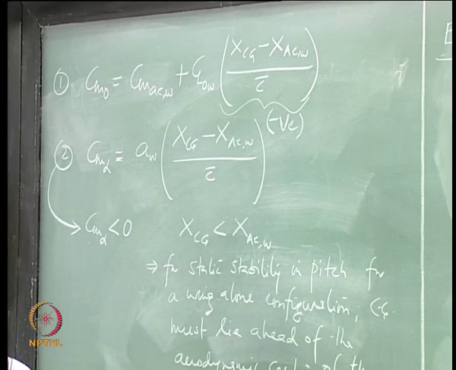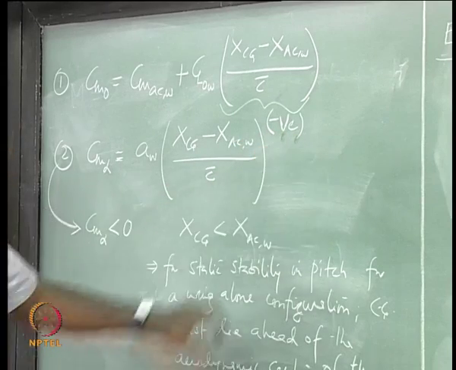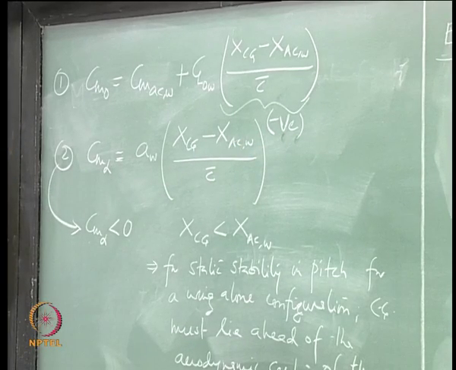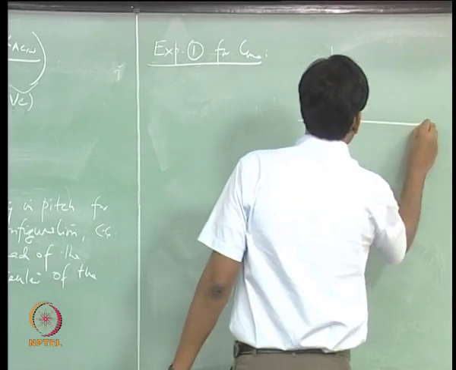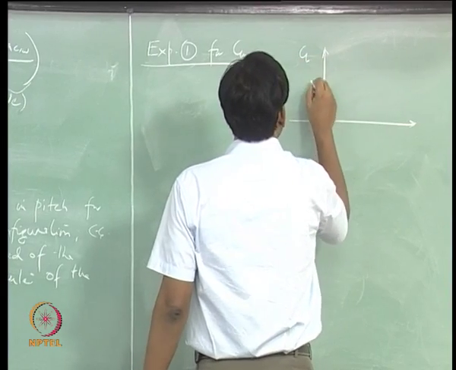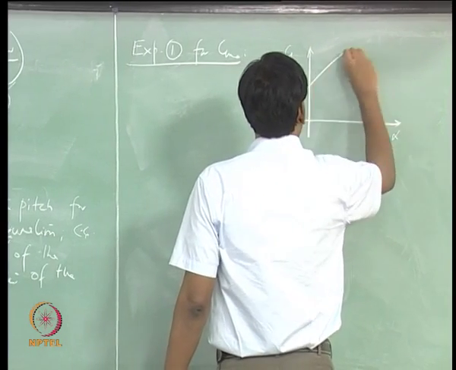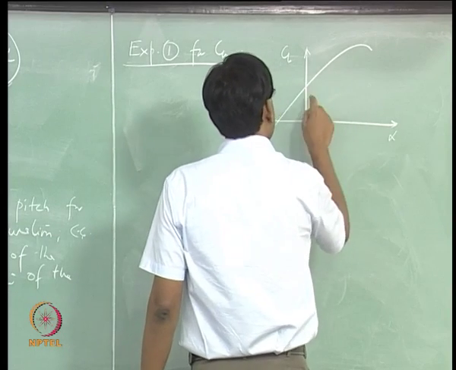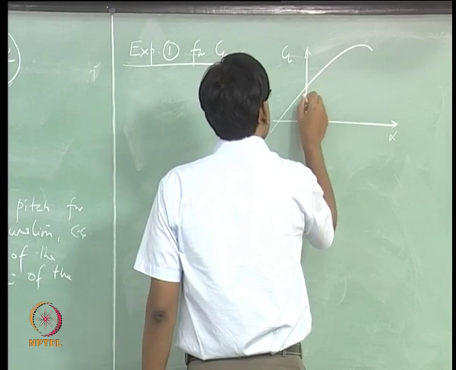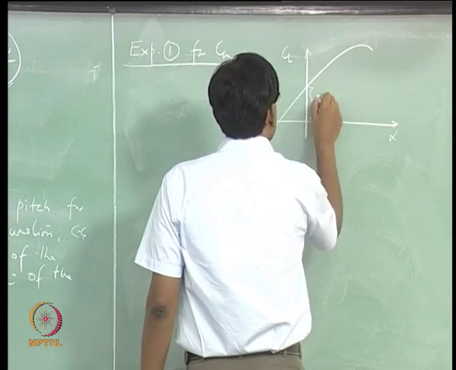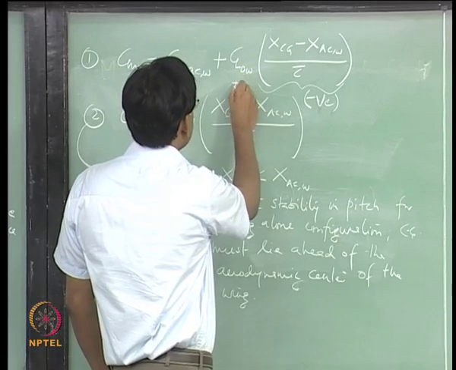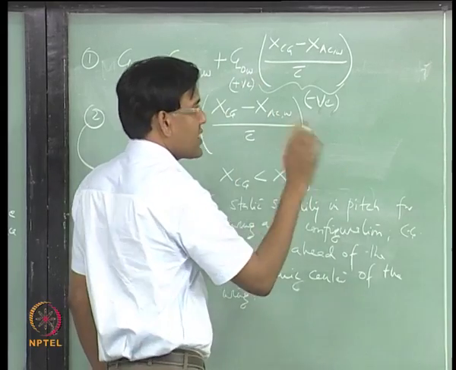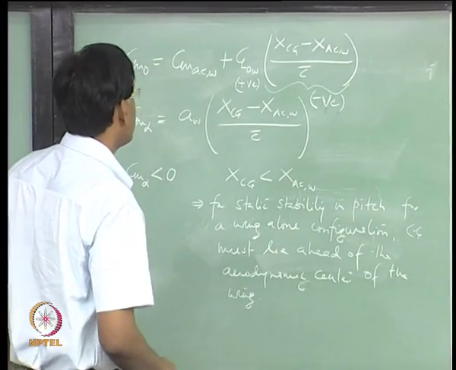So, let us look at now what is happening here. So, this term is negative. Now, if I have a positively cambered wing, then a positively cambered wing will result in CL naught which is positive. So, CL naught positive. So, this quantity is positive for a positively cambered wing, which generally we would want to have.